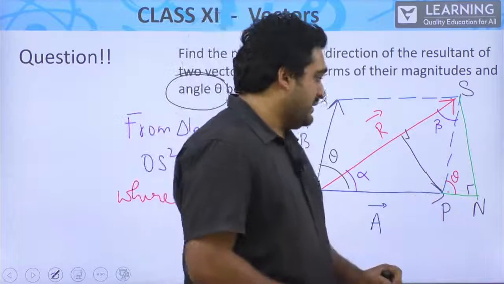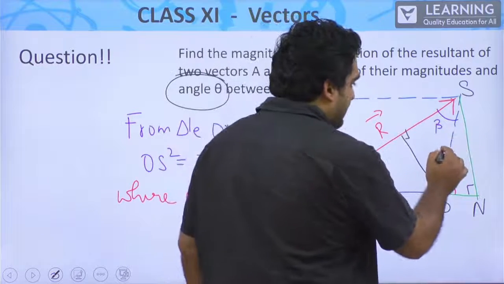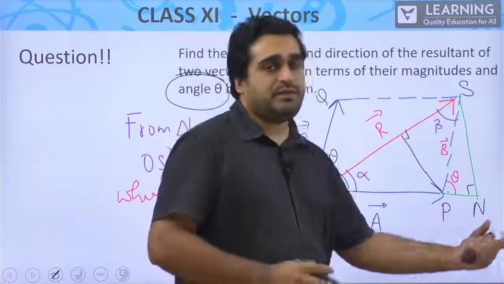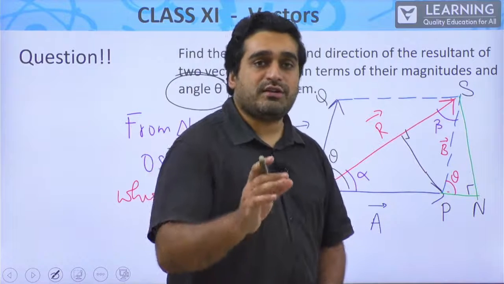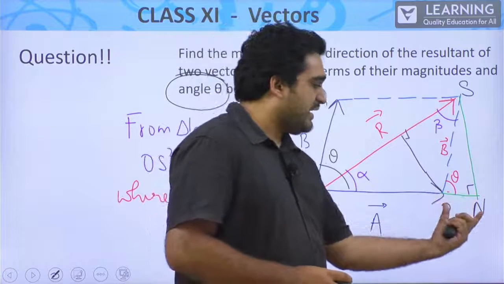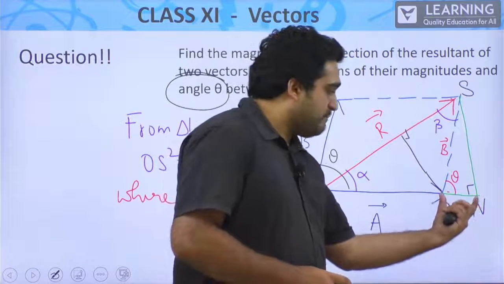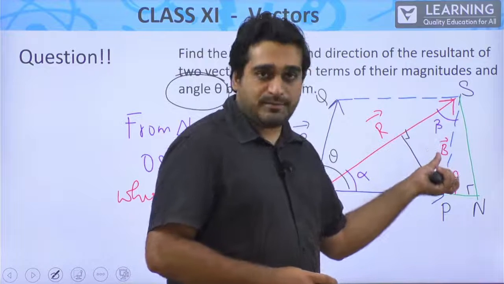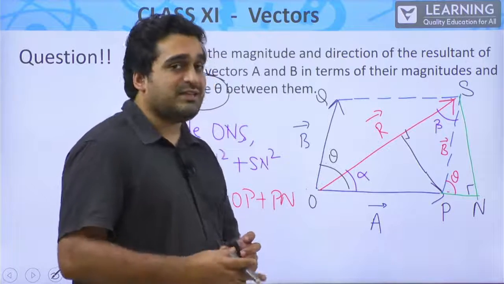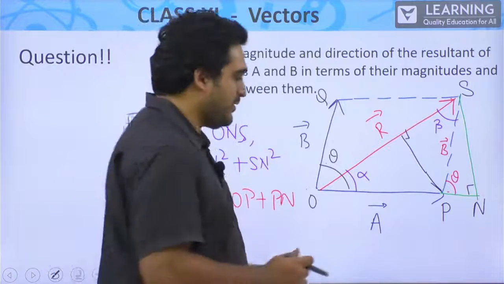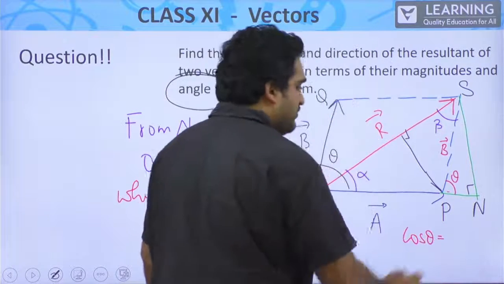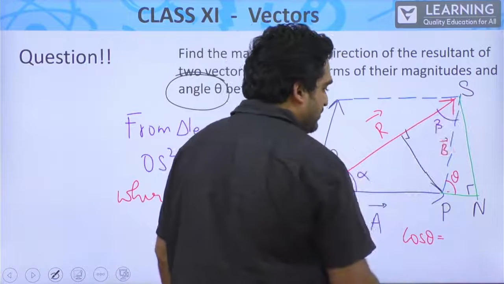Now, if that angle is theta and if this dotted line is the projection of B vector, then what will be the length of PN? Use a trigonometry ratio. What trigonometry ratio can you use in this case? Since you have base and hypotenuse, the ratio that you can use is cos theta. Cos theta is equal to base by hypotenuse.